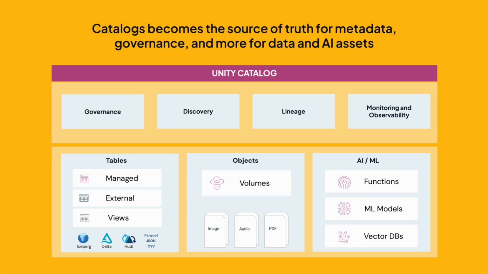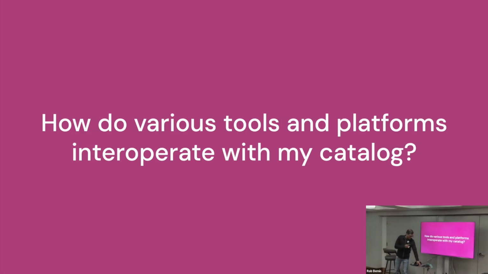So we worked on open sourcing the most widely used functionality in Unity. And on that journey, we are going to get more and more functionality into the open source version of it.